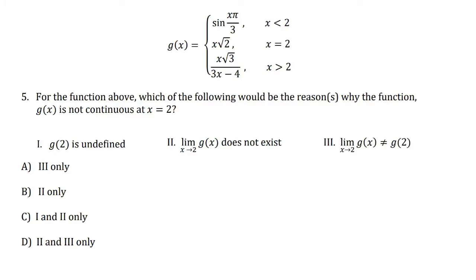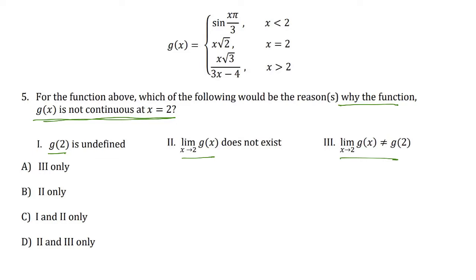Okay, with these problems, and to me they can be tricky, notice that you're looking for the reason why g of x is not continuous. And notice that they've given us really the 3 steps to show that we are continuous. That is the 3 steps. And so we just need to verify which one's true and which one's false.